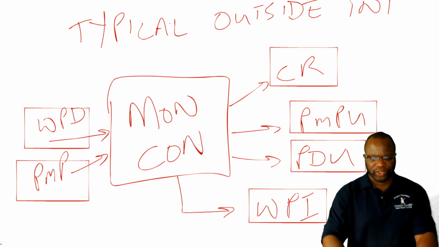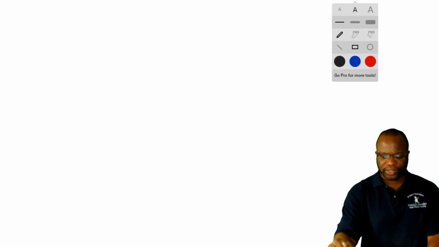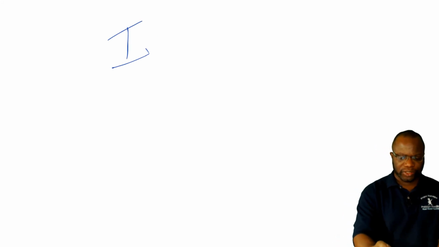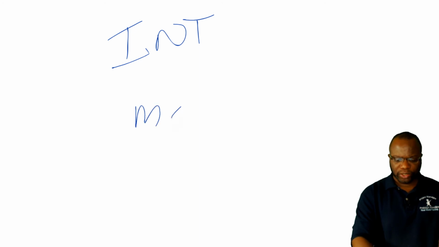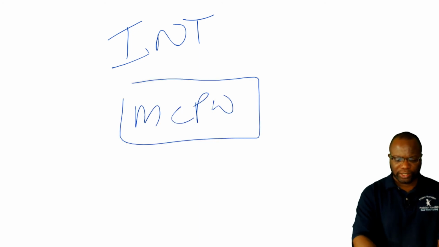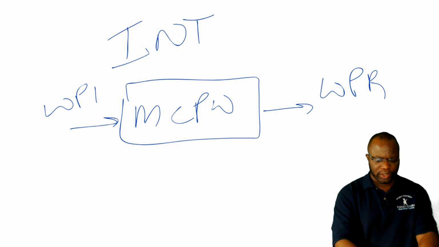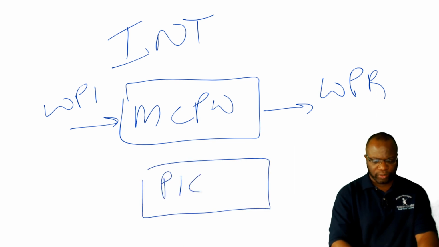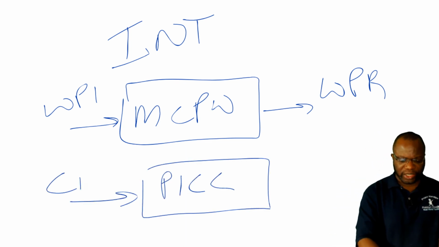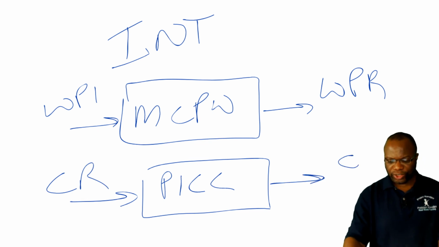Now, when you get to integration itself, when we're talking about monitoring and controlling processes in integration itself, it's different. And there are a few things I just want to highlight here. If you are in integration, bear in mind monitor and control project work is the only process where you get WPI coming in and the only process where you get WPR coming out. And perform integrated change control is the only process where you have change requests coming in and really the change log, which is part of project documents updates.